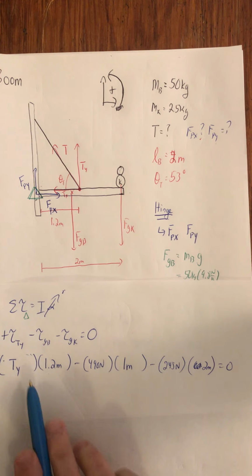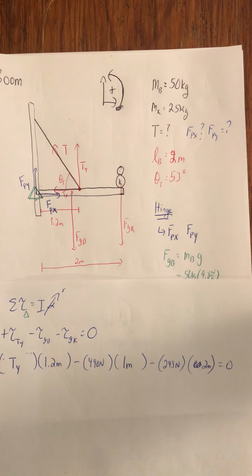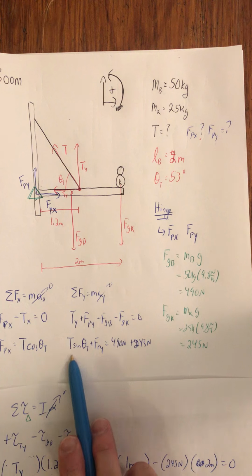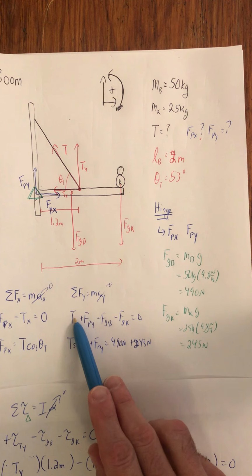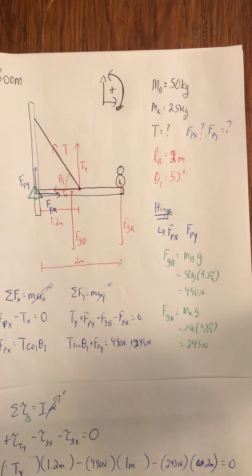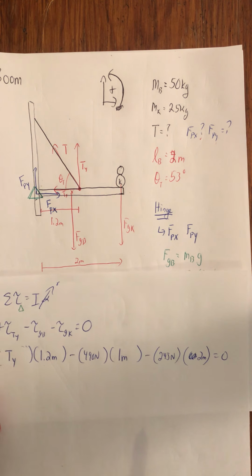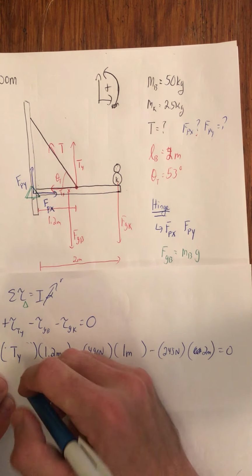Okay, now notice I just put in Ty. Why did I do that? Why didn't I put in T sine 30? Well, coming back over here, I did that because rather than plugging in and plugging back in, having a value for Ty will actually be a little bit helpful later. So I can use Ty to find out what T is, but it's also kind of useful to know what Ty is.